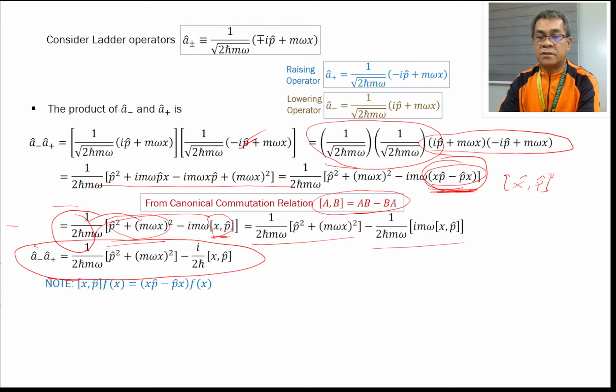Note that this commutator of x and momentum is a kind of operator.